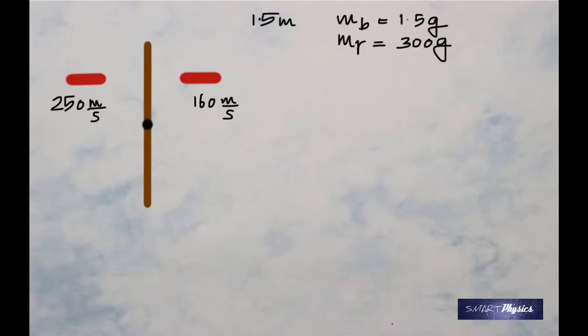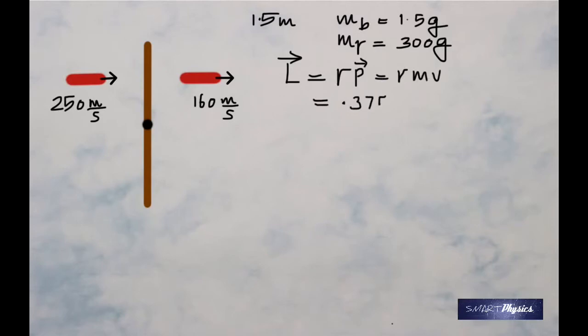Okay? So if you multiply that with the radius, which in this case is this, you're going to get the angular momentum given to the stick by the bullet. So the angular momentum is the product of radius and linear momentum, and linear momentum is mass times velocity.